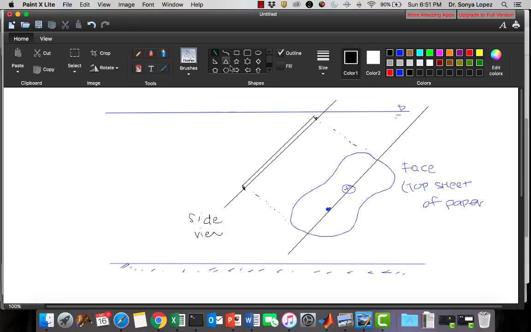So that means that this would be the location of our centroid. So here's the centroid. Just kind of move it on up. That's the centroid. And this is our center of pressure.